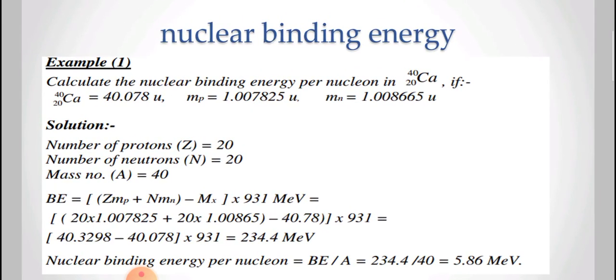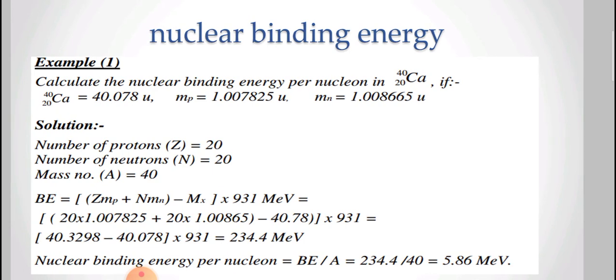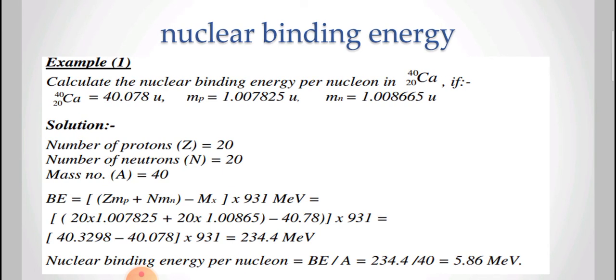Example number 1: calculate the nuclear binding energy per nucleon in Ca-40 if the actual mass of Ca equals 40.078 unit, MB equals 1.007825 unit, and MN equals 1.008665. Solution: BE equals Z times MB plus N times MN, which is the theoretical mass, minus MX, which is the actual mass.